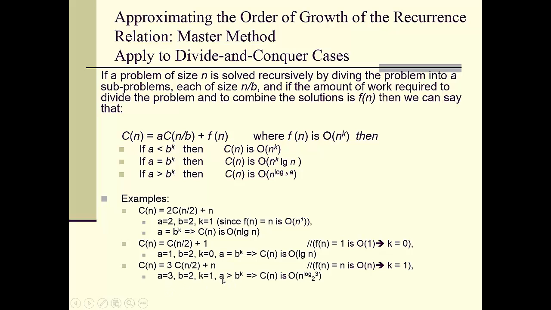But since a is bigger than b to the k, then C of n will be O of n to the power log base b of a. So in this case, C of n is going to be O of n to the log base 2 of 3.